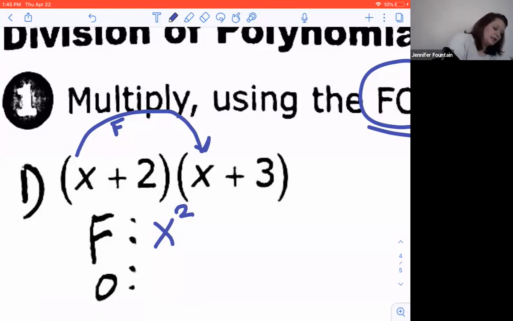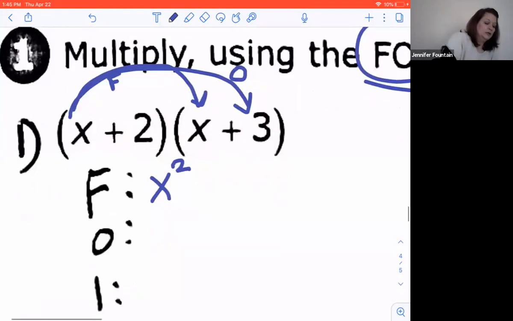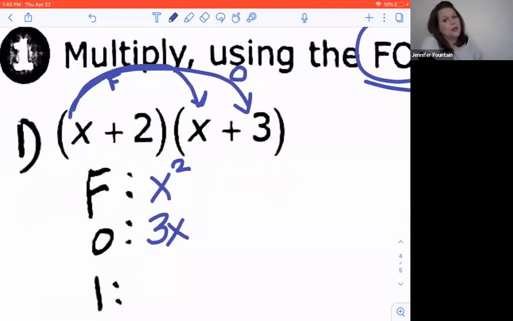Now I'm going to multiply that same first x by 3. This is the O part because I'm multiplying the outside two numbers, or my outer numbers. And x times 3 is going to be 3x. I always write my number in front of my variable. Now I'm going to start multiplying the 2.